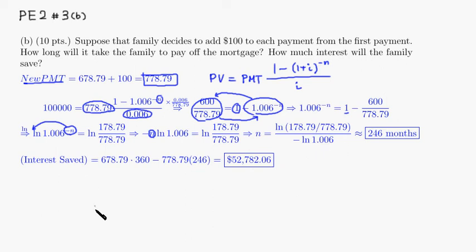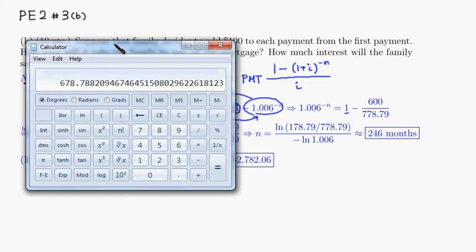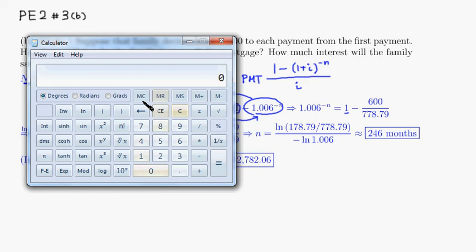So let's do that on a calculator. Bring out the calculator. We have 178.79 divided by 778.79, and then we take the natural log of that.